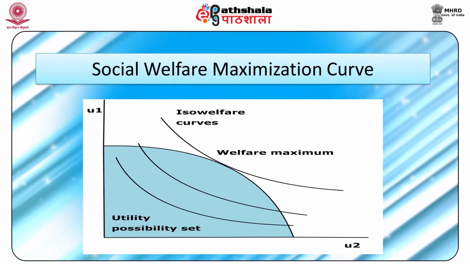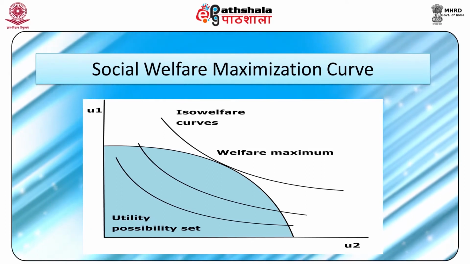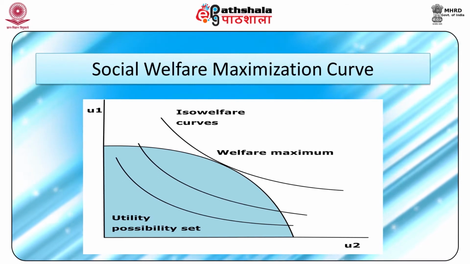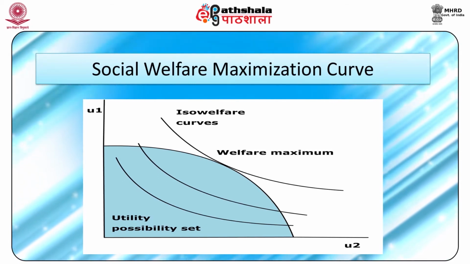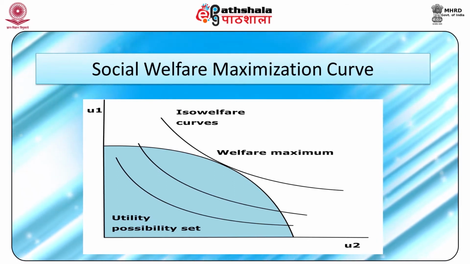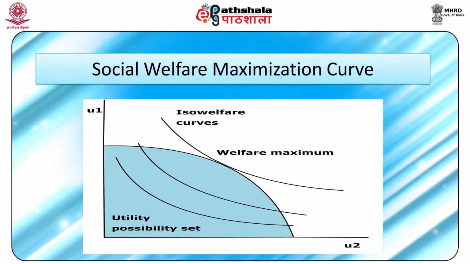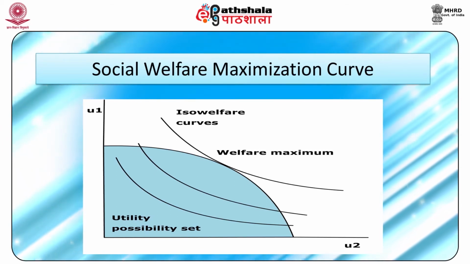The indifference curves in this diagram are called iso-welfare curves, since they depict those distributions of utility that have constant welfare. As usual, the optimal point is characterized by a tangency condition. The notable thing about this maximal social welfare point is that it is Pareto efficient.